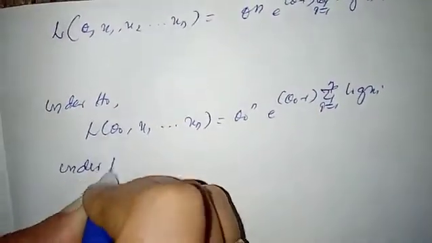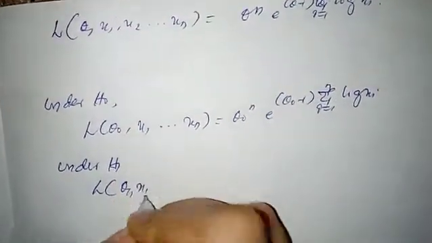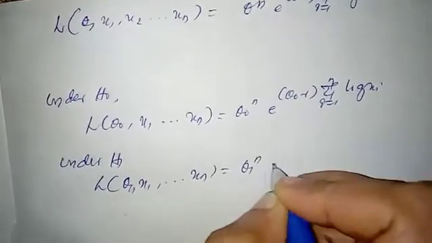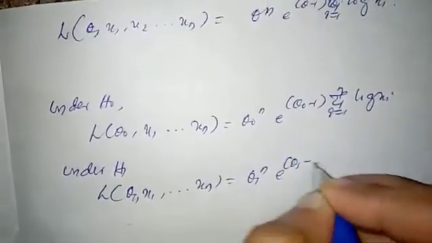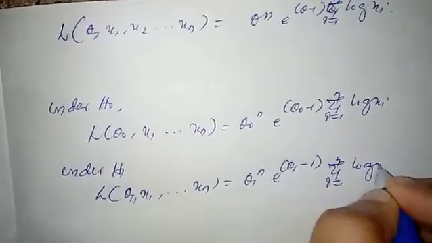Then under H1, the likelihood is theta 1 power n e power (theta 1 minus 1) summation i equal to 1 to n log xi.